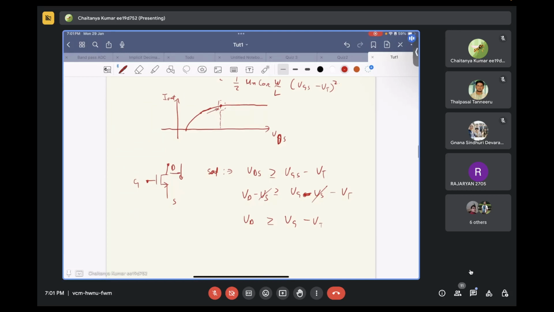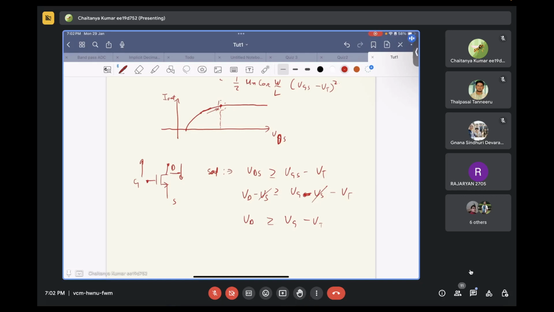If your drain voltage goes more than 1 VT below your gate voltage, your device goes into triode. Okay. So you don't need to actually calculate VGS, VDS and then compare with the equation. You just quickly remember this thing. Your drain voltage can go 1 VT below your gate voltage. Conversely, your gate voltage can go 1 VT higher than your drain voltage.